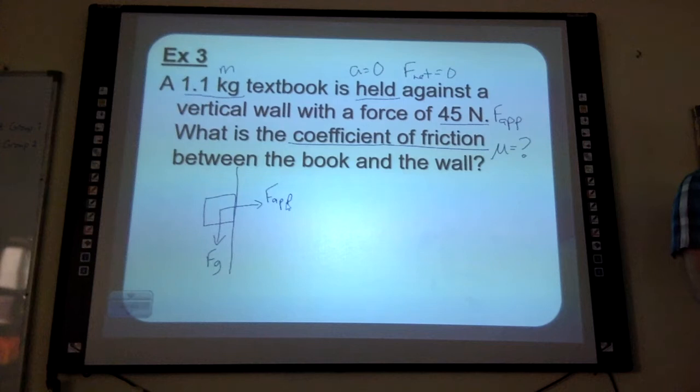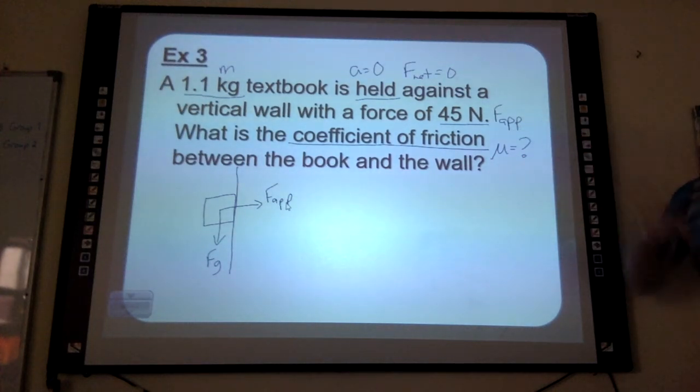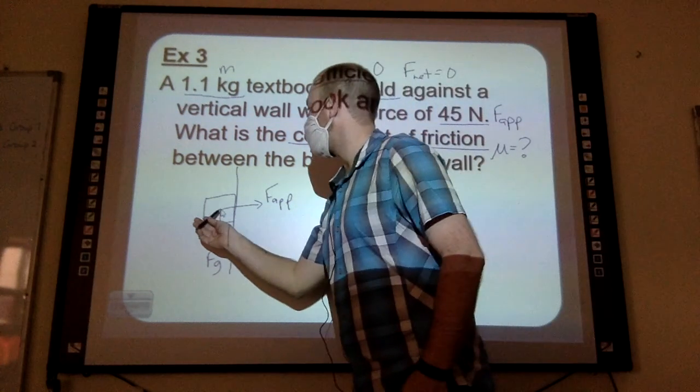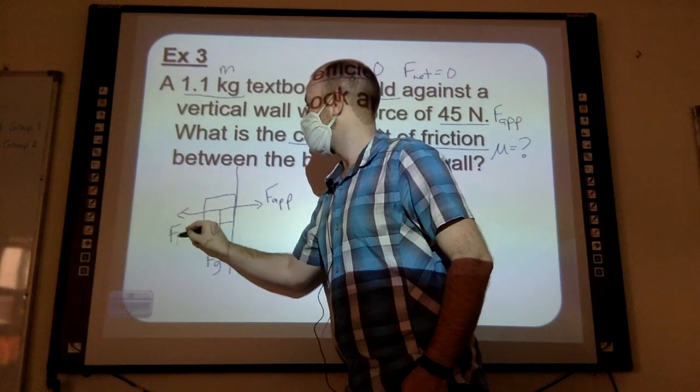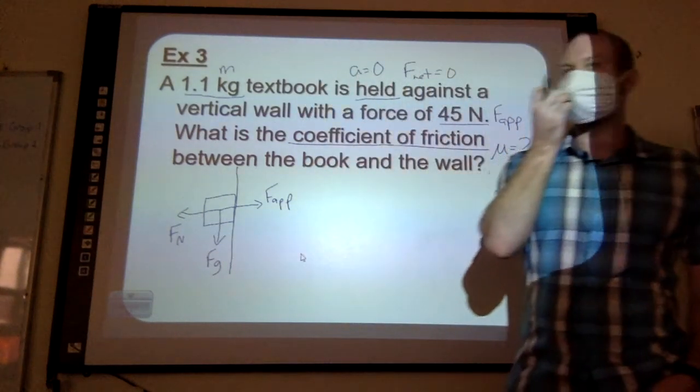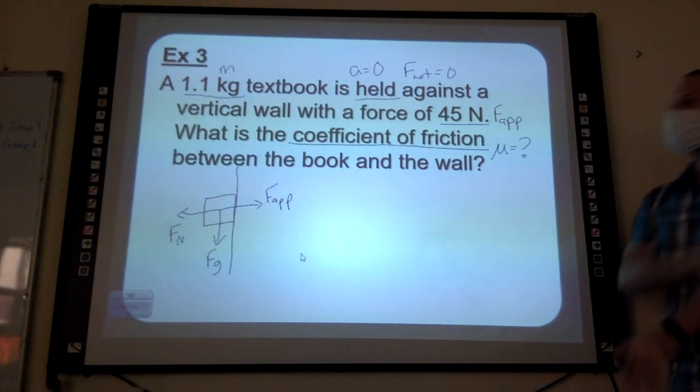Remember, the definition of normal force is that it's perpendicular to the surface, 90 degrees from the surface. So it's going out from the wall. Yeah, thank you, Adam. So remember I said force normal isn't always upwards, just in general it is.